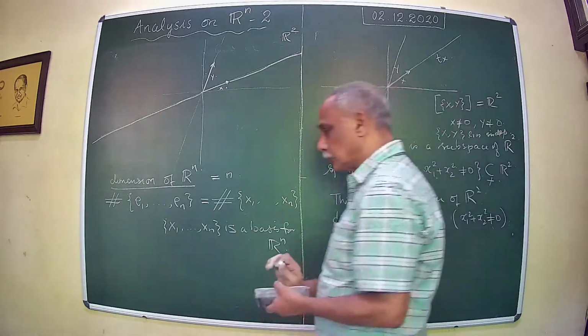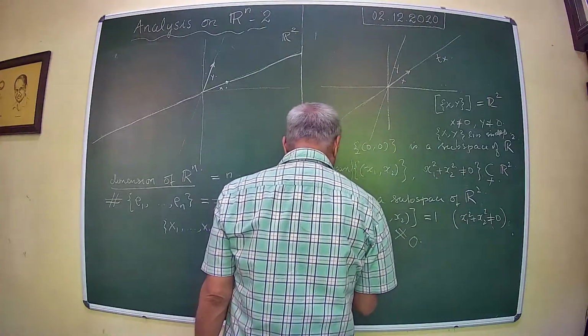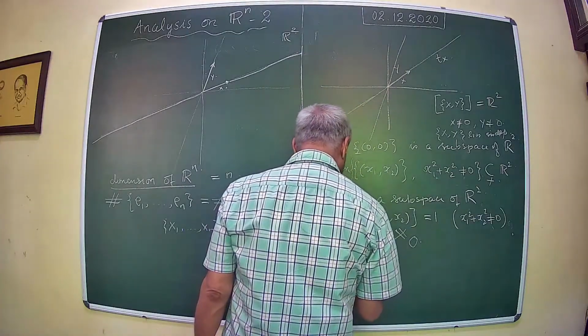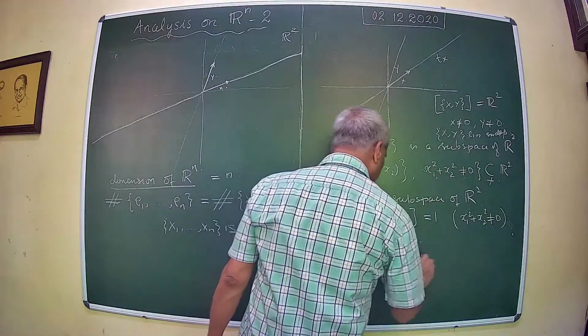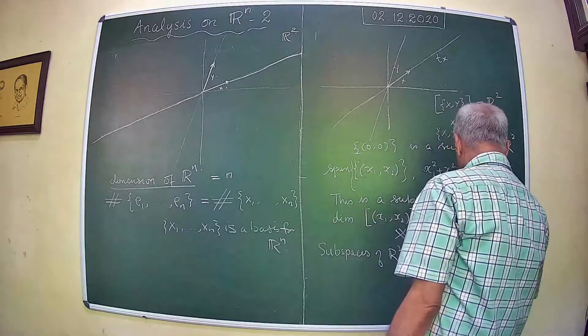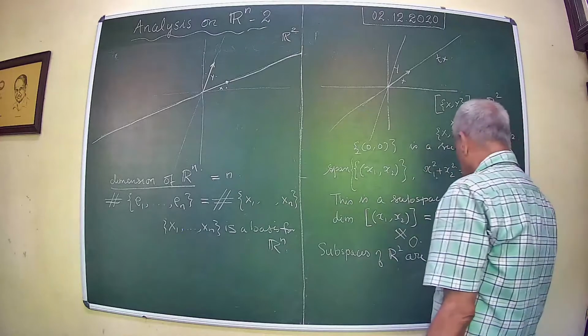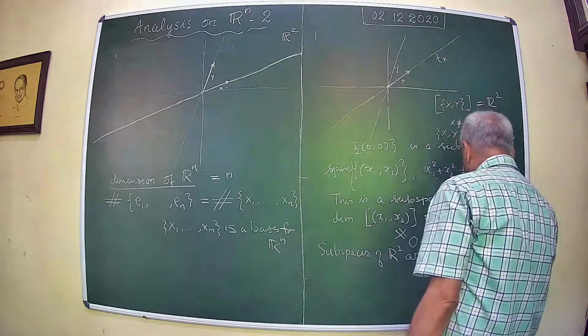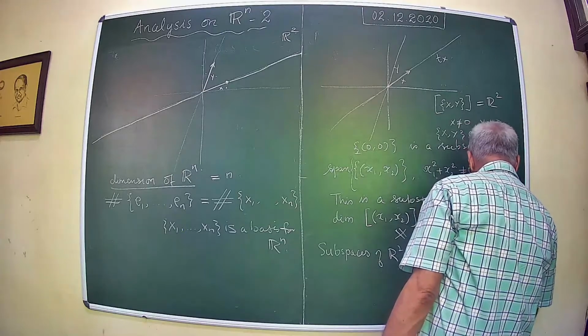So what are the subspaces of R2? Subspaces of R2 are: one, 0; two, all lines passing through the origin.